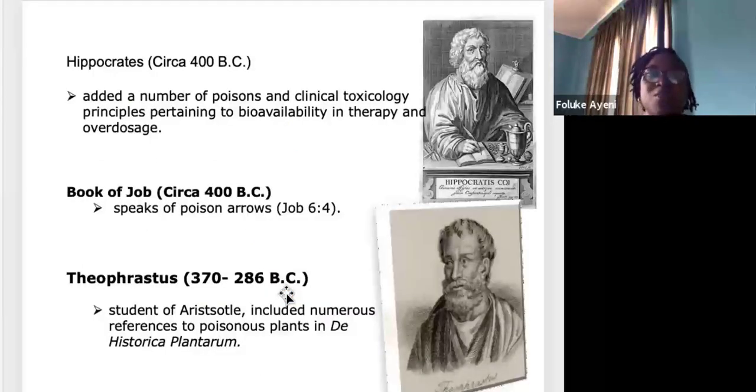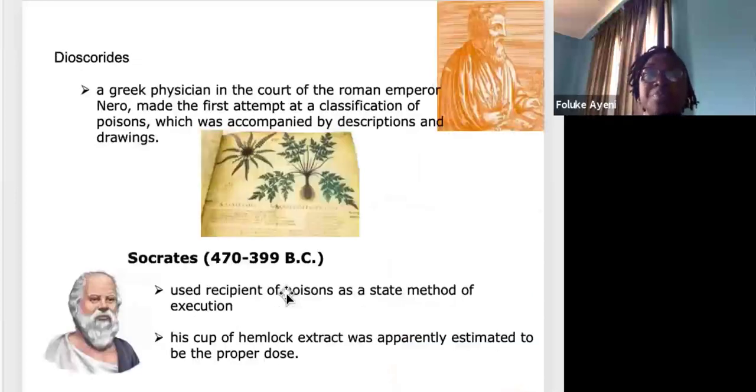So these are some of the founding fathers of toxicology. We have Hippocrates, I've mentioned him. He added a number of poisons and then did some work in clinical toxicology. And we have Saka, who also was involved in the manufacture of poisonous arrows. Theophrastus, I've mentioned him, he was a student of Aristotle, and he also contributed his quota in making references to some poisonous plants, which were also recorded in the Ebers Papyrus.